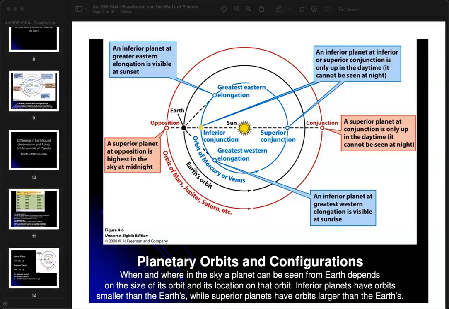So when looking from Earth, we would actually not experience an inferior conjunction because Earth has moved. So the planet would have to move some more time until it catches up with Earth, and maybe that would happen somewhere over here. The Earth is over here, and the planet's new position is here, right?